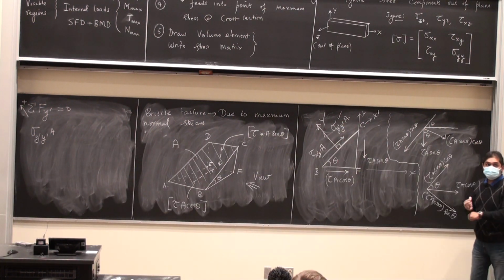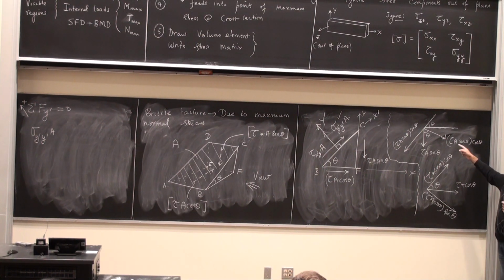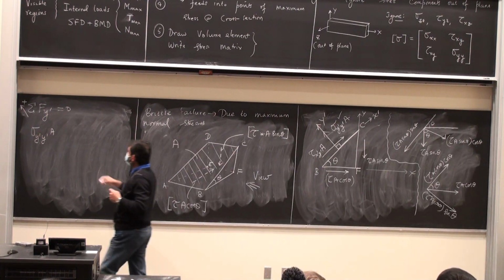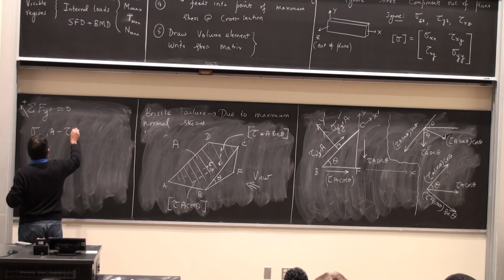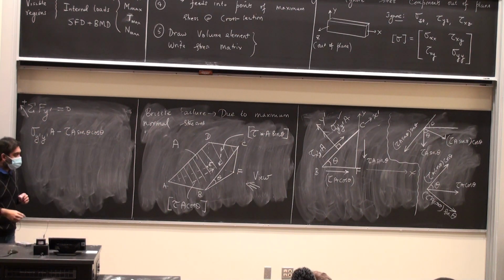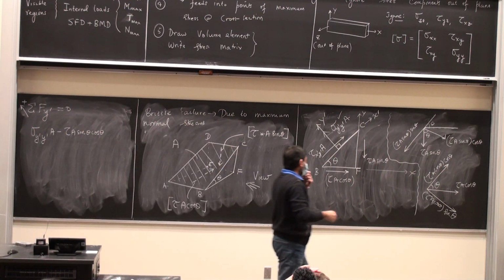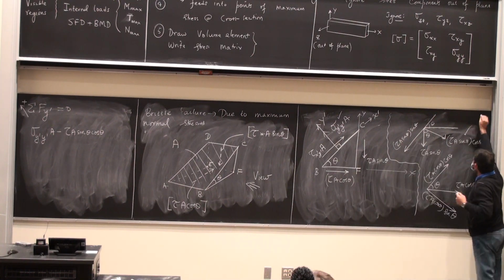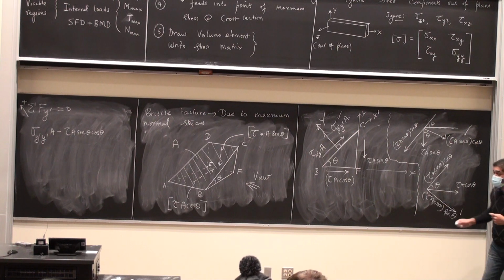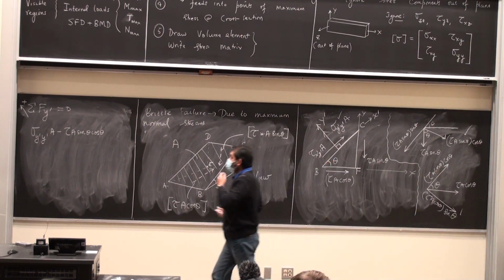Then I'm going to come to this figure here. I'm going to have tau A sine theta times cosine theta, negative. That's one. Then the last one is tau A cosine theta times sine theta, which is also negative because it's pointing along the negative y prime direction.